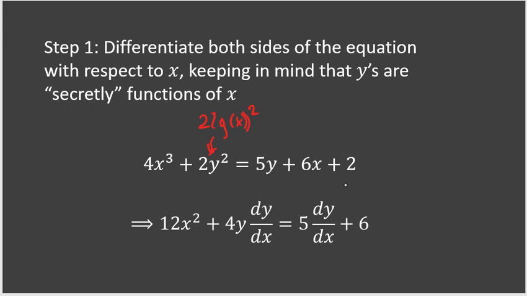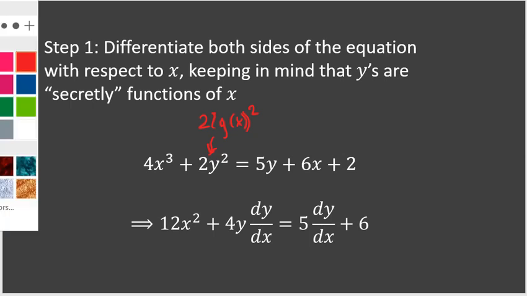I'm going to be using the chain rule here. Chain rule says if I differentiate a function of x raised to some power, then that power comes down in front, times that function on the inside raised to a power 1 less than the one we had, times the derivative of that inside function.